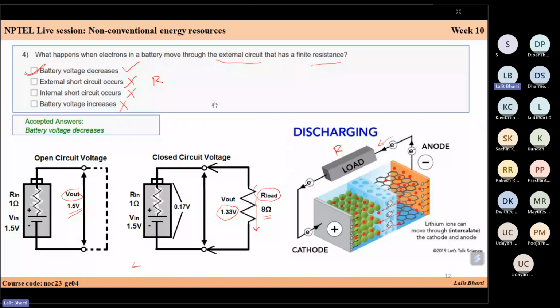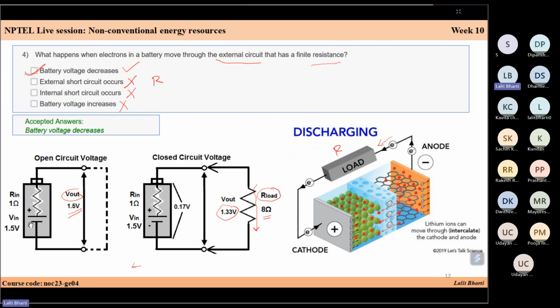Battery voltage here means the OCV, or the open circuit voltage of the battery. When you have not connected any load, you will get the maximum voltage, and that is your OCV, or open circuit voltage.